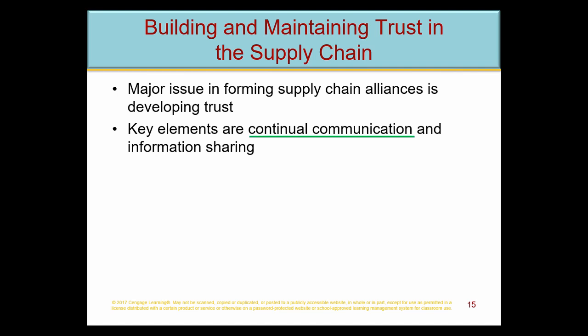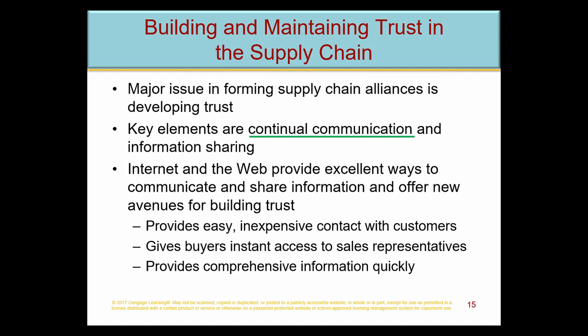And I especially like that adjective in the front there, continual communication. Again, that's like I was saying in the example earlier. When I picked up the phone and called my customer and says, "Hey, I see your orders are up. What's going on?" You know, it's that idea that we're in constant, continual communication. We're in sync with each other. And certainly the internet and web provide very easy or much easier ways of doing that than in the past.